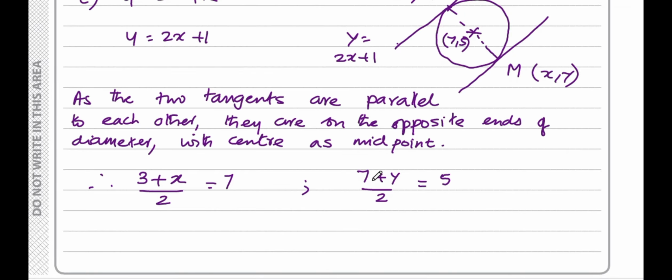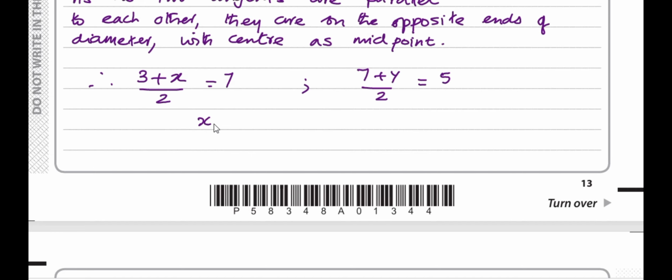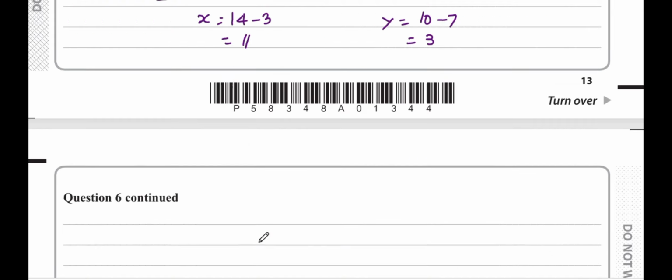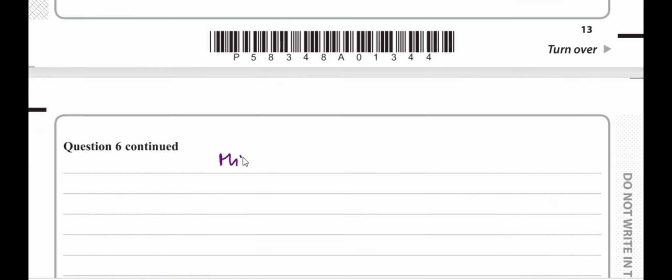So x is equal to 7 times 2, 14, minus 3, which is 11. And y equals 2 times 5, 10, minus 7, which is 3. Therefore M is (11, 3).